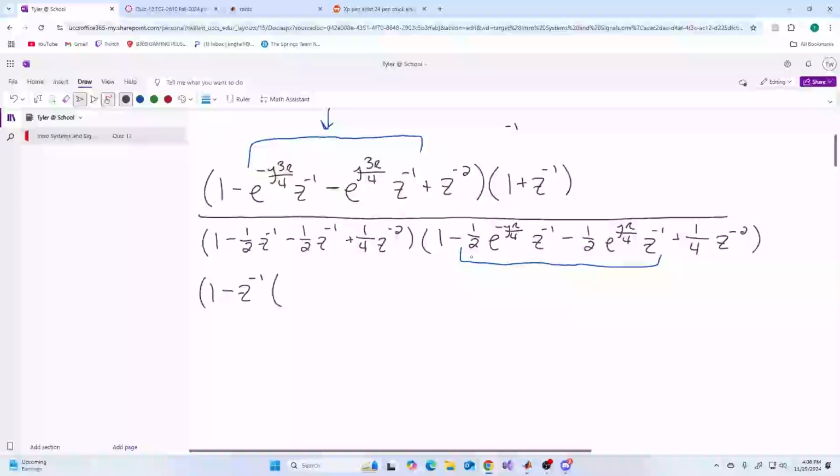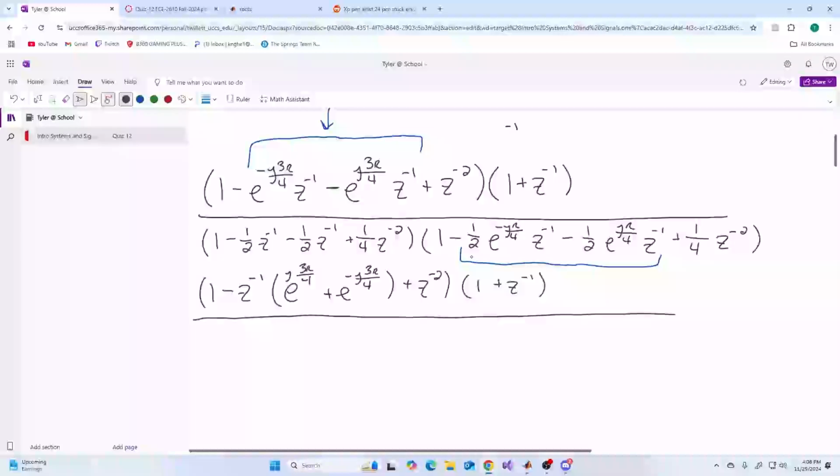So I'm going to have e to the j 3 pi divided by 4, I forgot the j, plus e to the negative j 3 pi divided by 4, plus z to the negative 2 times 1 plus z to the power of negative 1, all divided by.